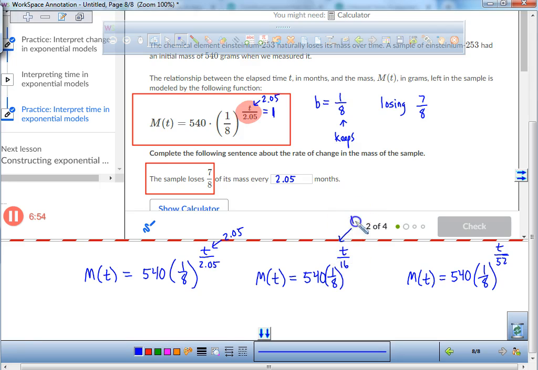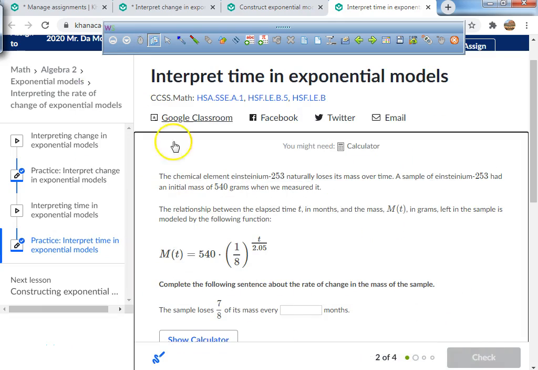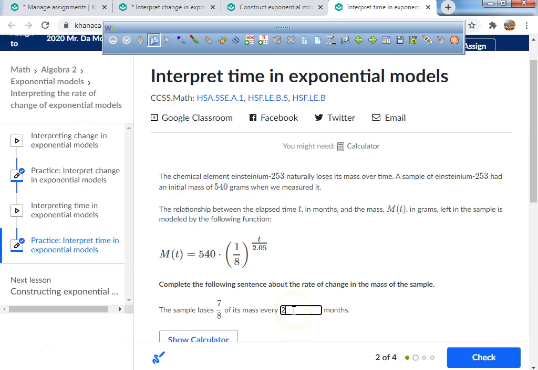I'd have to wait a total of 16 months. How many months would I have to wait on this guy? A total of 52. So understand, this controls how many months, or the time that it would take before you would have to lose 7/8 or keep 1/8 of this. So yes, this particular one is going to be ridiculously easy, okay? So this one's going to be 2.05 months.